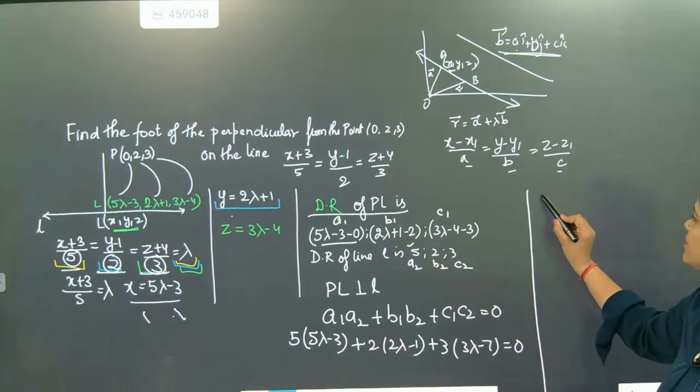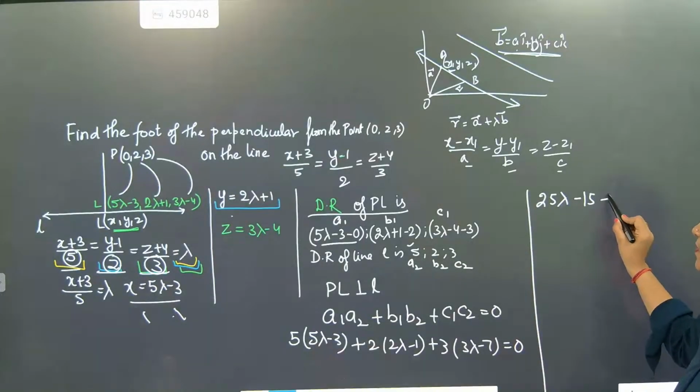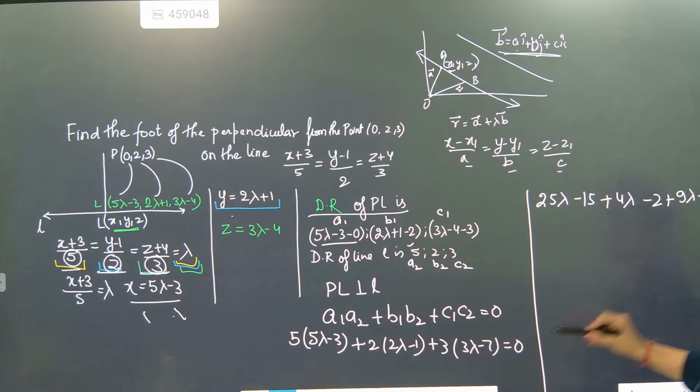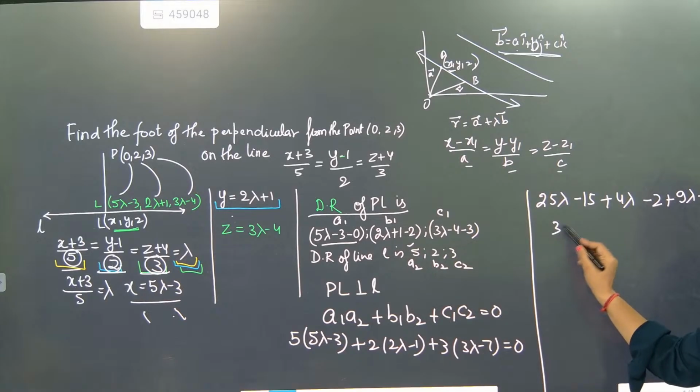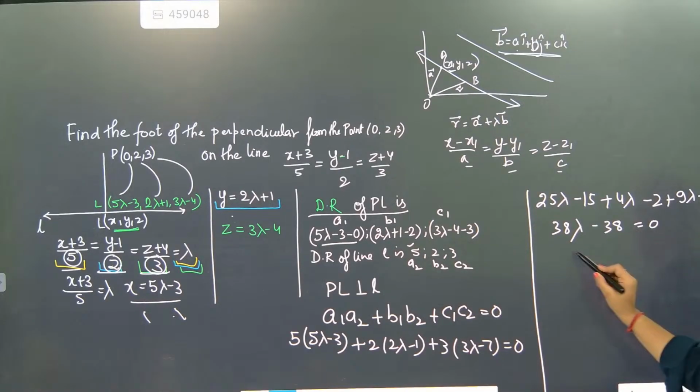So now 5 fives are 25 lambda minus 15 plus 4 lambda minus 2 plus 9 lambda minus 3 sevens are 21, equal to 0. Now 25 plus 4 is 29, 29 plus 9 is 38 lambda, and here it is coming as minus 38 equal to 0. So lambda is equal to 1.